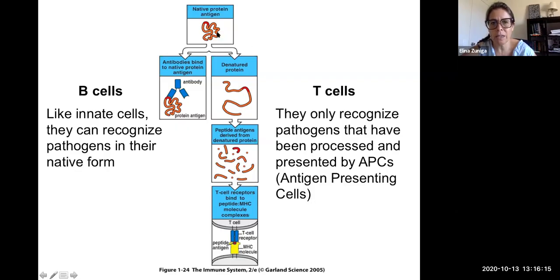So this is the protein in its native form. In the antigen presenting cells it will be processed into small peptides, and these small peptides will be presented by the antigen presenting cells, depicted here at the bottom, in molecules called major histocompatibility complex molecules, MHC molecules, and they are very important because they are the ones that the antigen presenting cells will use to present peptides derived from the protein antigen.